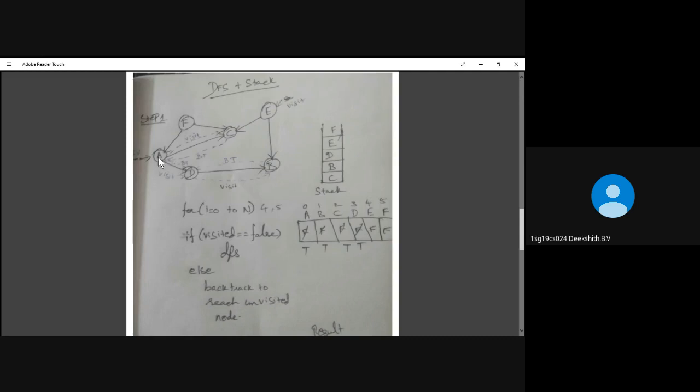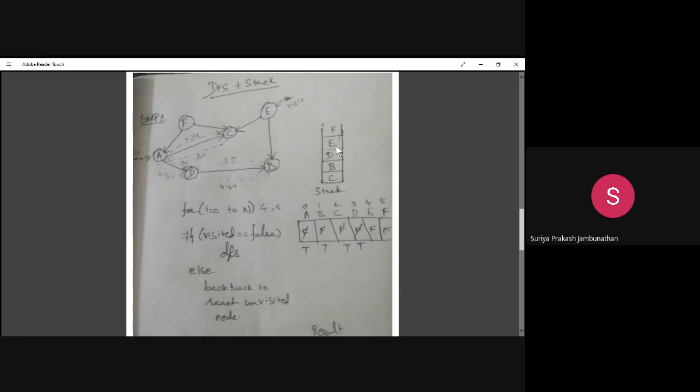No, sir, there is no node we can visit apart from C and D. So we have to remove A. A will come as the next node here, after D.